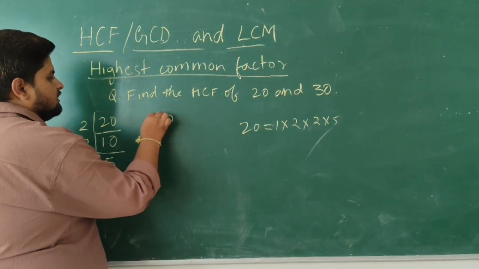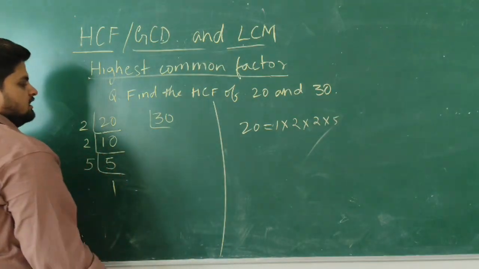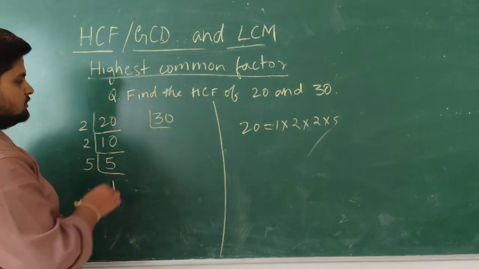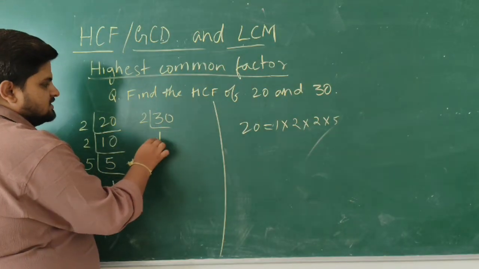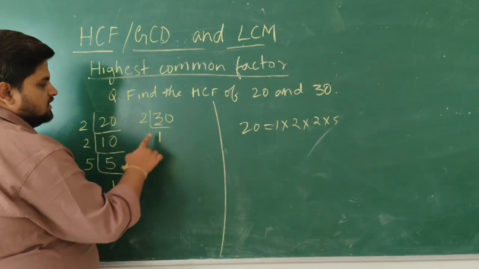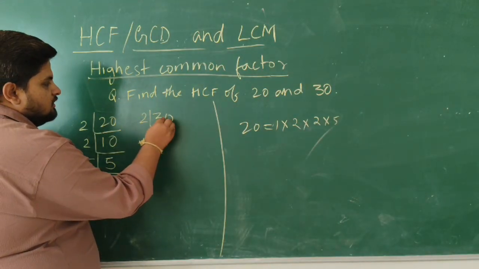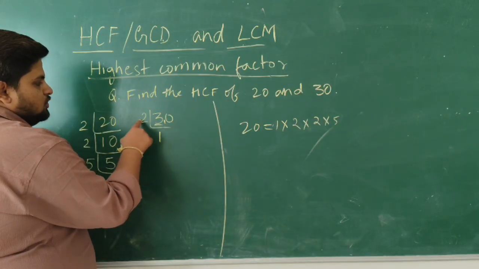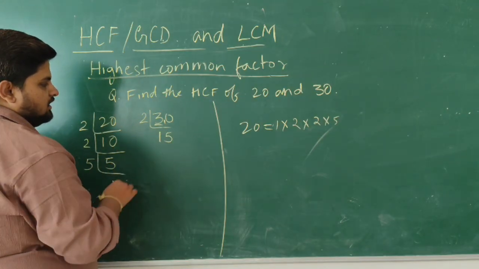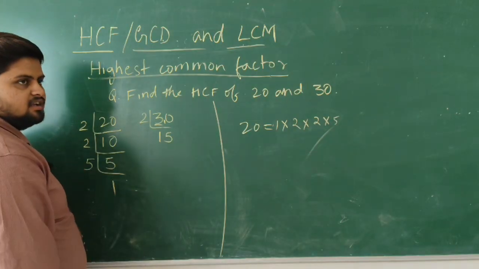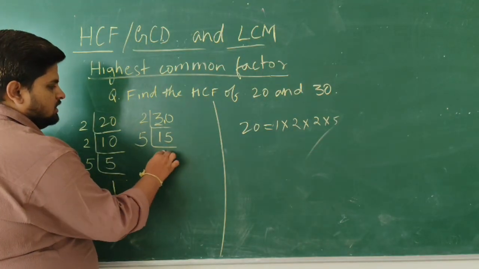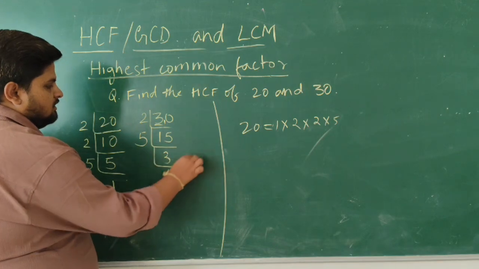If you prime factorize 30, it is an even number, so it is divisible by 2. 2 1s are 2, 3 minus 2 is 1, we take the 1 over here, so it becomes 10. Then 2 5s are 10. Next we have the number 15. Is 15 divisible by 5? Yes, 5 3s are 15.